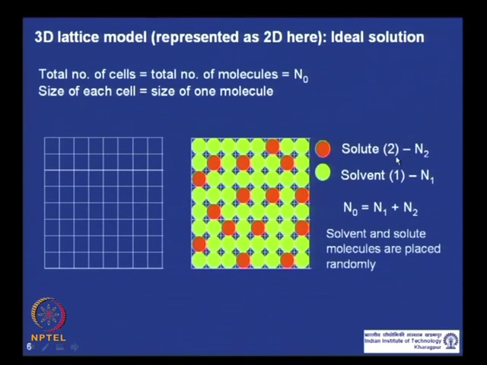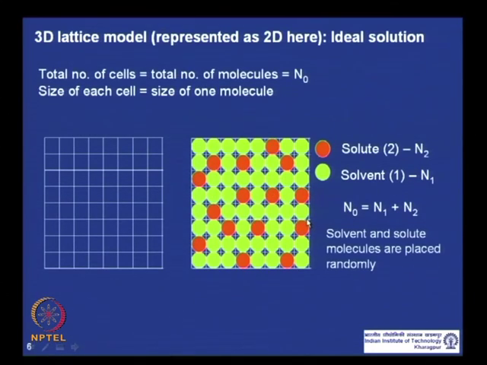Solutes will be shown as 2 and solvent will be represented as 1. So, N2 solute molecules and N1 solvent molecules, shown in these colors, with N1 plus N2 being the total number of molecules, are placed randomly in these cells.